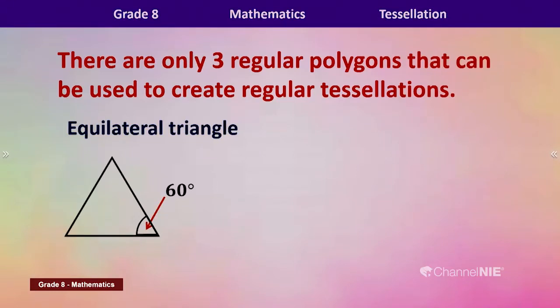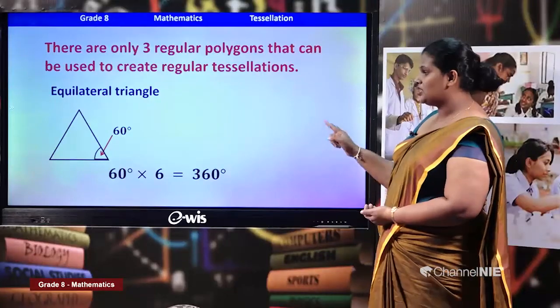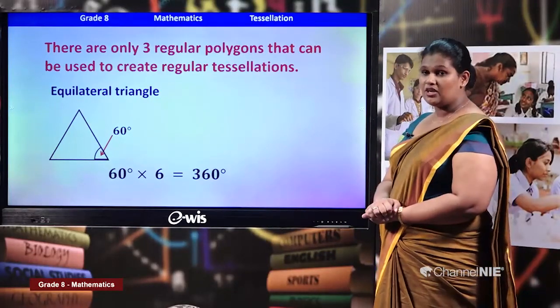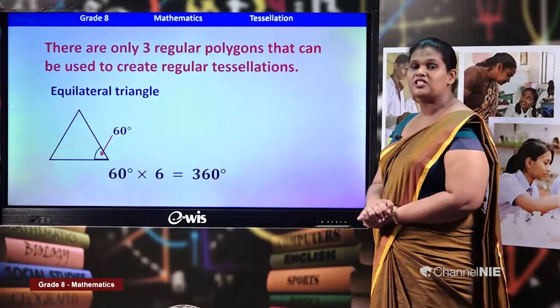First one is the equilateral triangle. Here the magnitude of the interior angle of an equilateral triangle is 60 degrees. Therefore, 60 degrees multiplied by 6 is 360 degrees, or else we can take it as 360 degrees divided by 60, it is 6. Therefore, 360 is a multiple of 60.